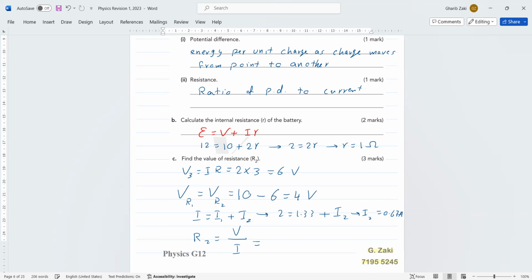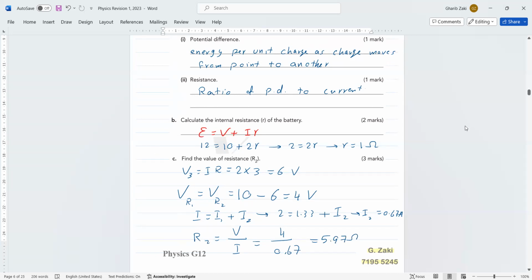The voltage is 4 divided by the current, 0.67. So 4 divided by 0.67 equals 5.97 ohm. You can solve in another way, no problem, but this is the answer.